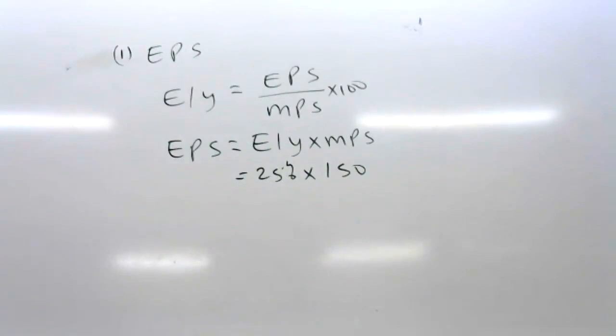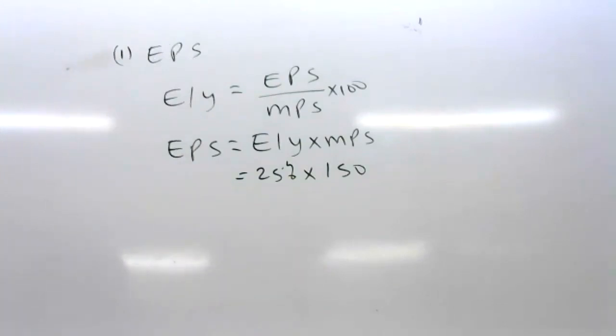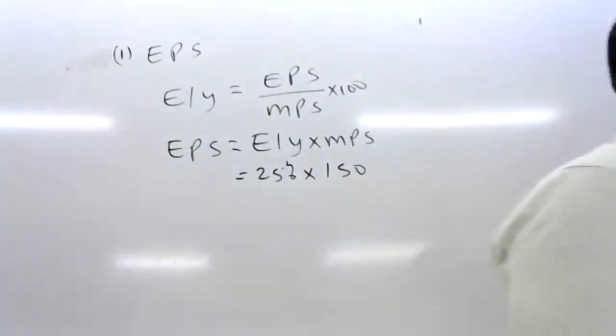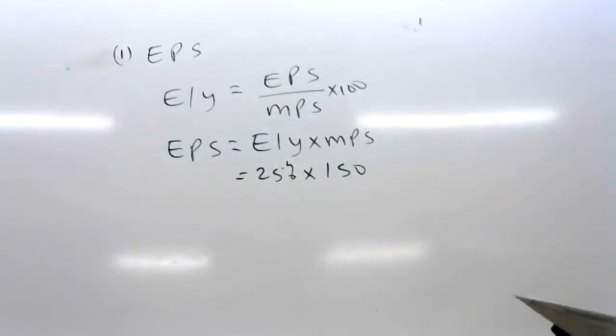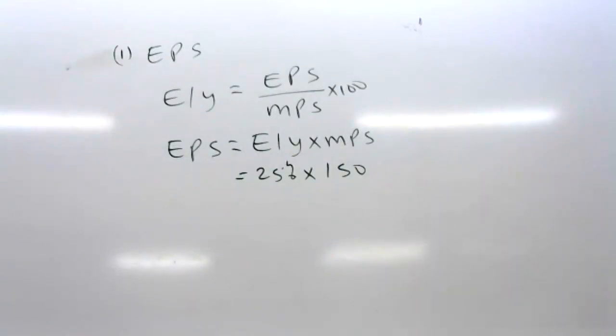That should give you the earnings per share. So the earnings per share is coming to how much? That is how you calculate the earnings per share from that question: you use the formula for the earnings yield, then you make the earnings per share the subject.